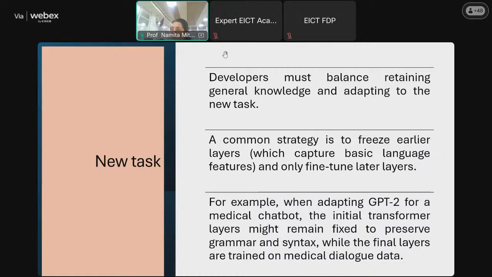Medical dialogue data means kind of question answering, and we can have a different vocabulary in the medical domain that may not be understood by a generic model of that language, let's say English.